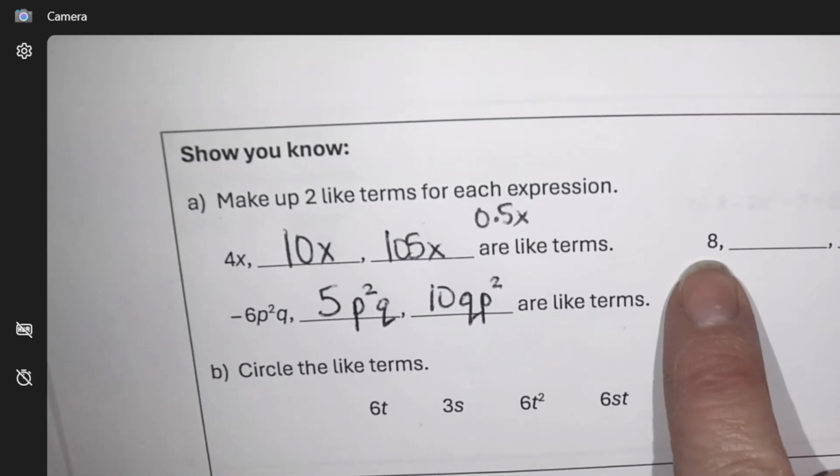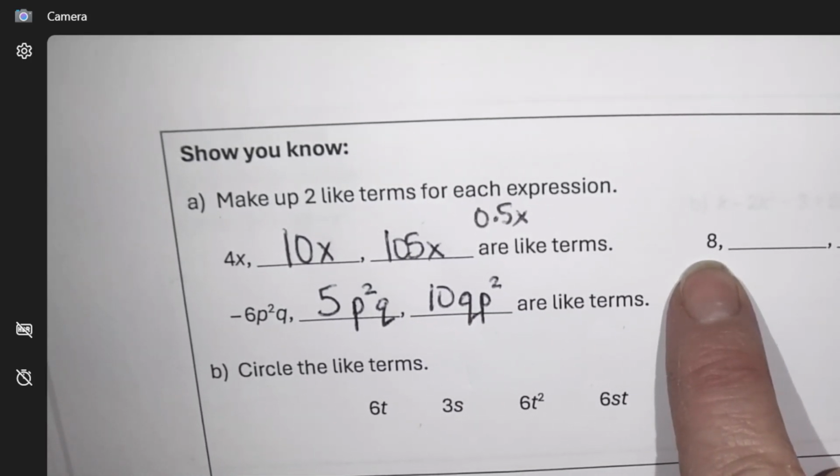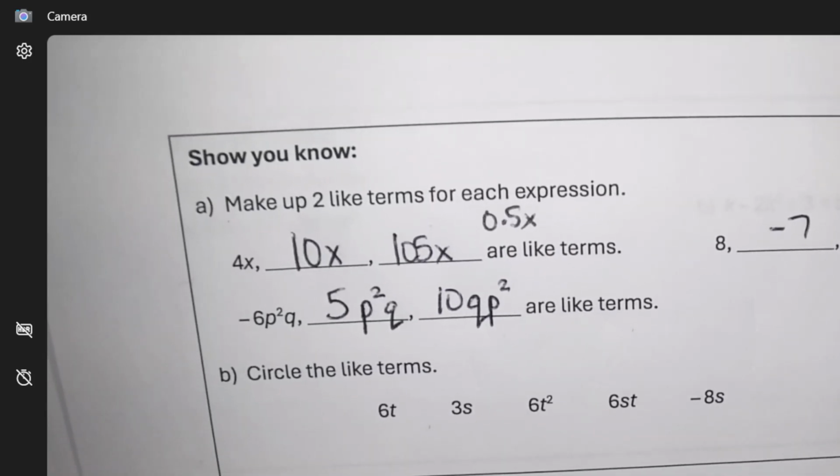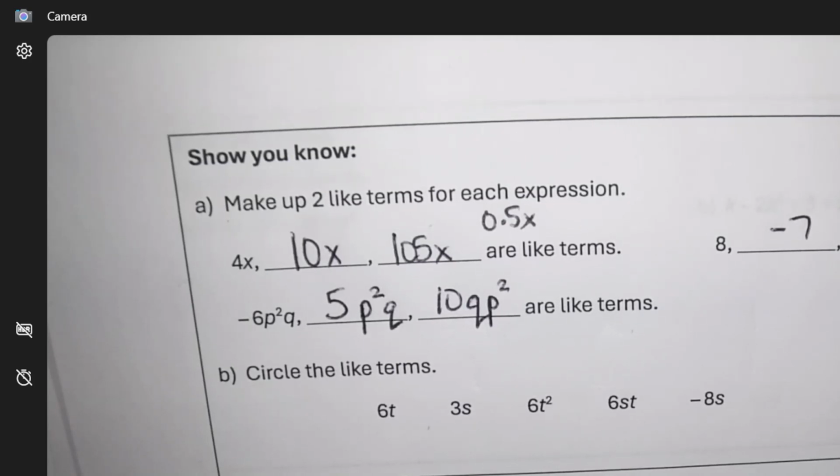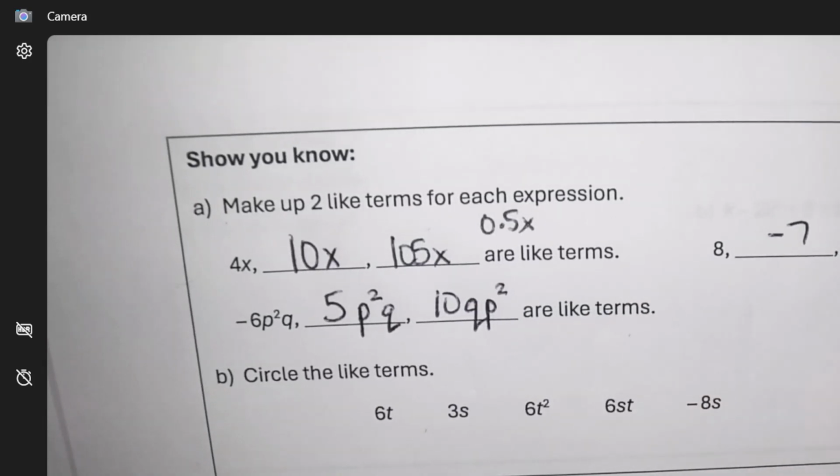Okay, and this one here, it's just a number 8. So what else looks the same as just the number 8? 11, 7, 5 trillion. Any number. Okay, do not put a variable on it. It's a constant, any kind of constant.